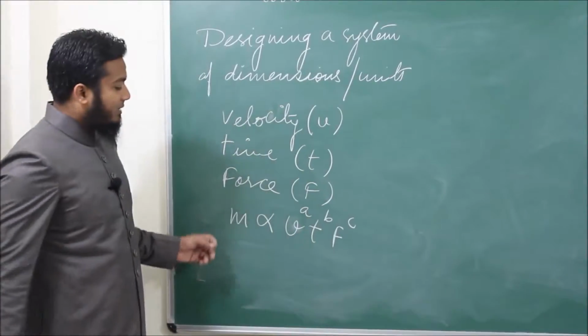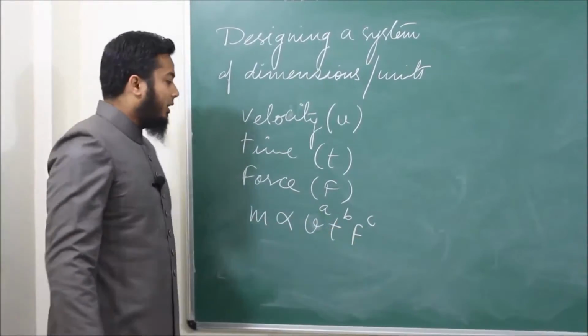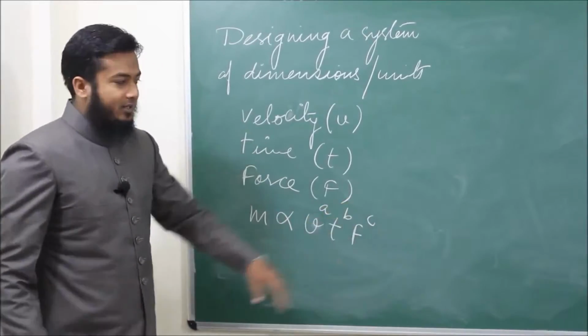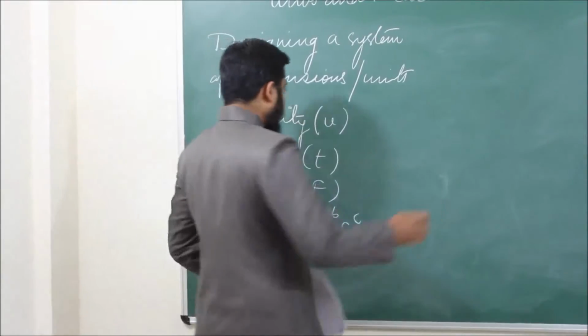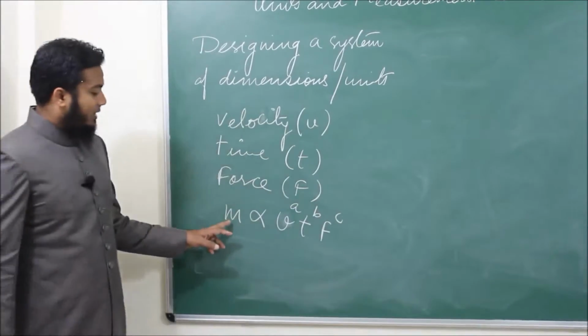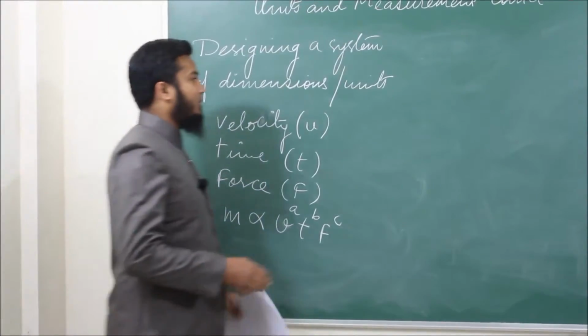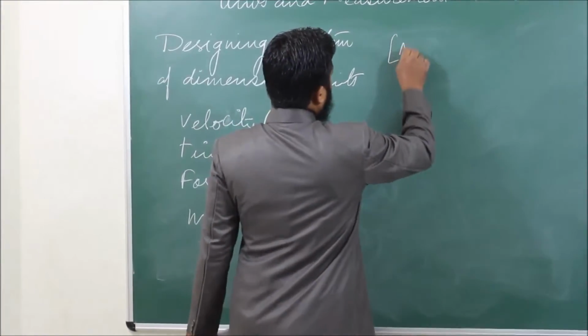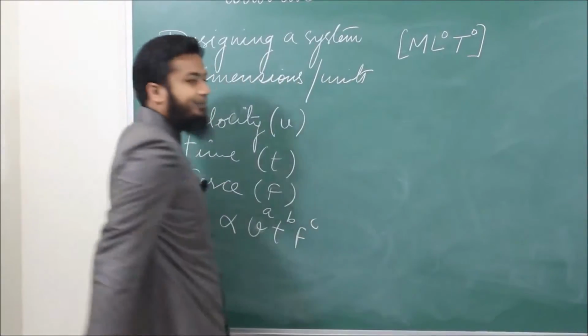Now, the dimensional consistency will allow us to calculate the values of A, B, and C. So if this formula is dimensionally consistent, then dimensions on the left hand side and right hand side must be same. On the left hand side, we have just mass. All the other quantities L and T are absent. So on the right hand side, I can write M, L 0, and T is also 0.